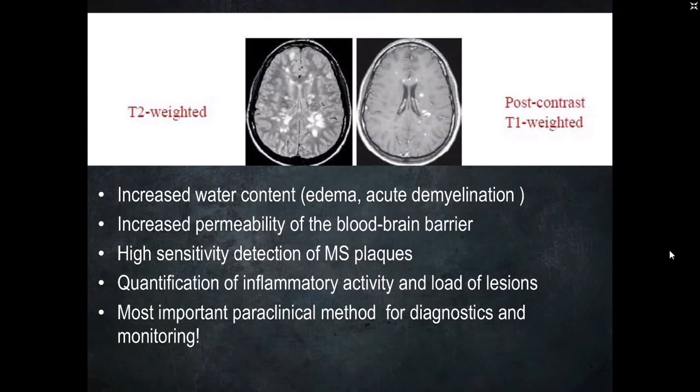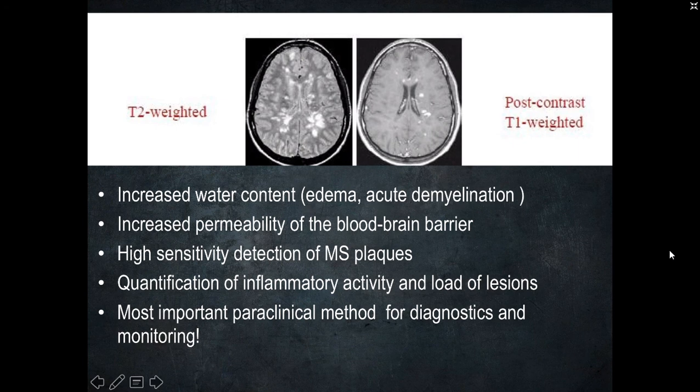So we observe in T2, this is a T2 image, and this is a post-contrast T1 image here. Increased water content, edema in acute demyelinization, also increased permeability of the blood-brain barrier, high sensitivity detection of the multiple sclerosis plaques, and the lesion.